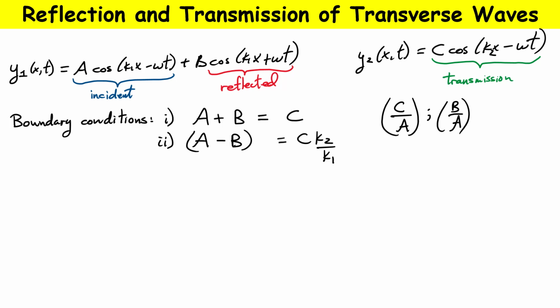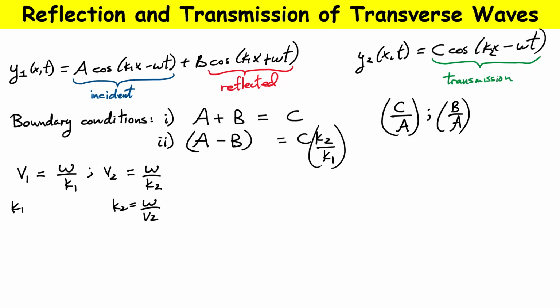One thing to remember here is that the speed, again, is omega divided by the wave number. And the speed in medium 2 is omega divided by k2. So if you have this ratio here of k2 over k1, k2 would be omega over v2, and k1 would be omega over v1.